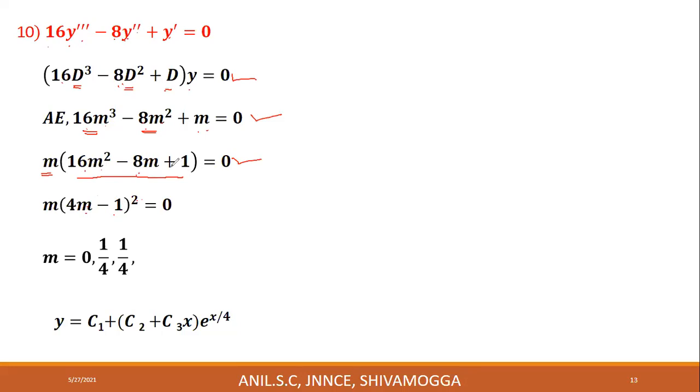Therefore, either m is equal to 0, or 4m minus 1 whole square is equal to 0. 4m minus 1 is equal to 0 implies m is equal to 1 by 4. And this is repeated how many times? 2 times. Therefore, again m is equal to 1 by 4.